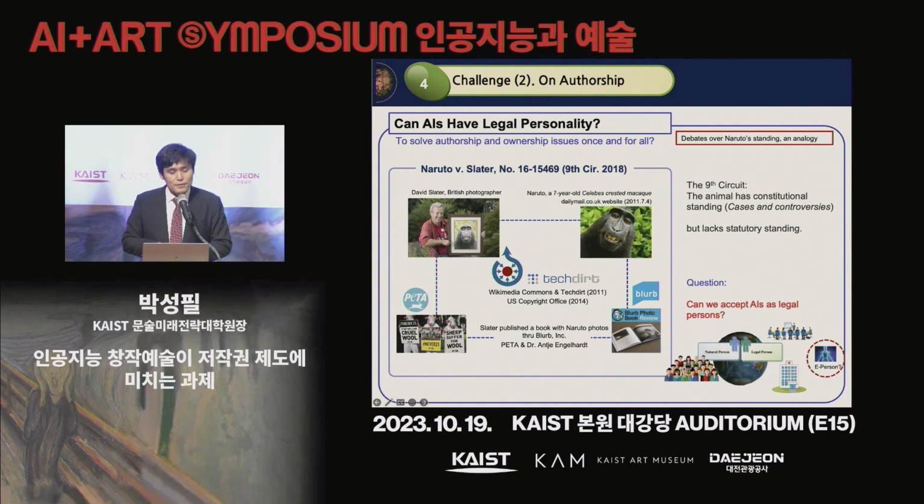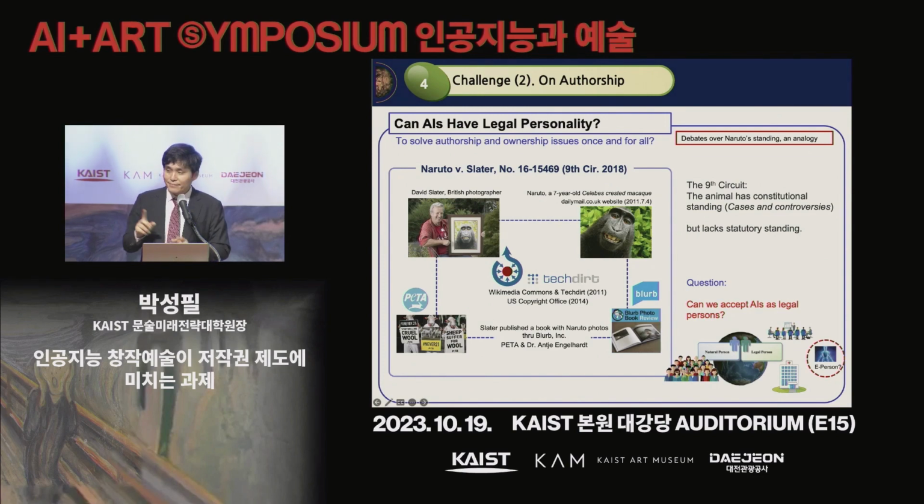But when it comes to this issue, the monkey named Naruto is invoked. He appears here and there when they talk about copyright and personality issues. Naruto was a macaque monkey in the Celebes Islands of Indonesia. He took a selfie using the camera of the photographer David Slater. Maybe many of you are aware of this case, and David Slater wanted to have some profit out of this copyright, right?